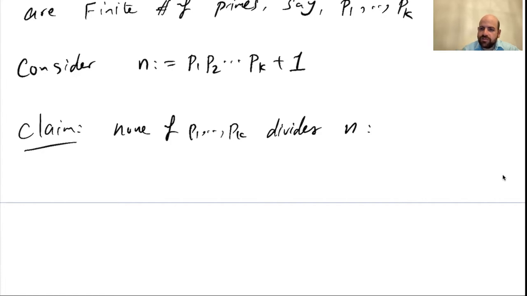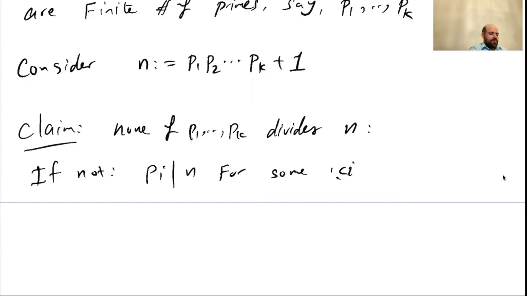So if none of these divides n, that means n is not divisible by any prime number, and that will be my contradiction. So why does none of these divide n? If not, for example, pi will divide n for some i between 1 and k.